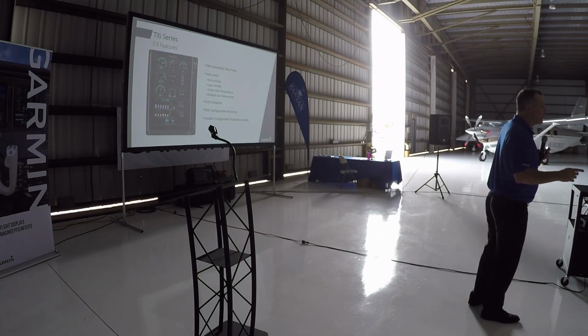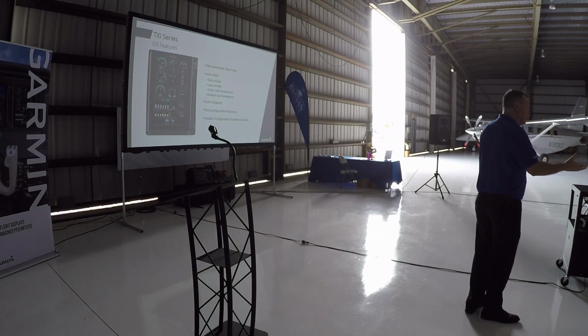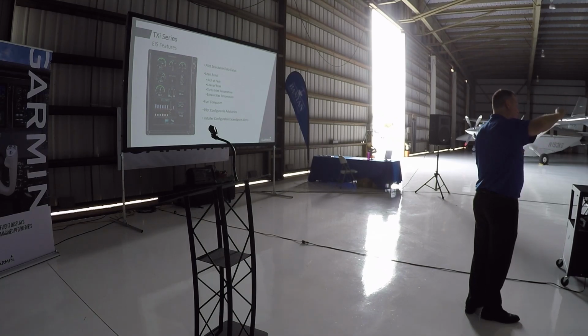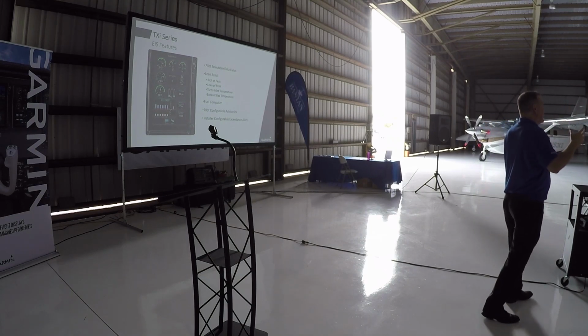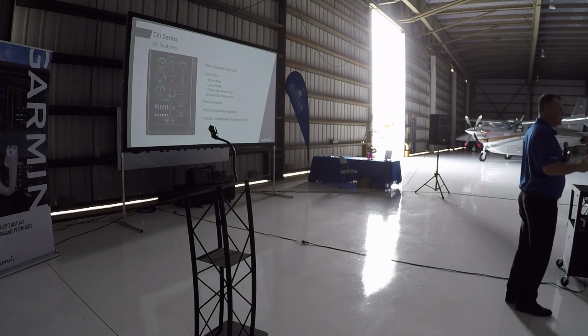The installer can select with you where you have your RPM gauge, where you have your turbine inlet temperature gauge, where you have your exhaust gas temperature gauge. The point is that this is one of the first systems that allows the owner to customize their engine gauges the way you want it.